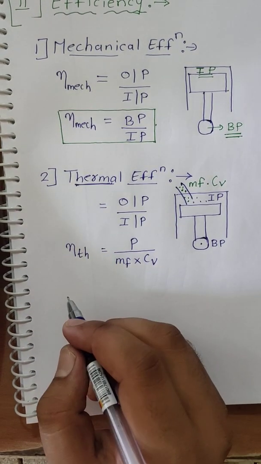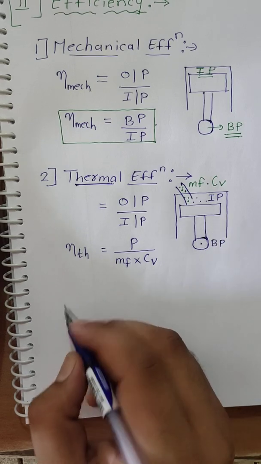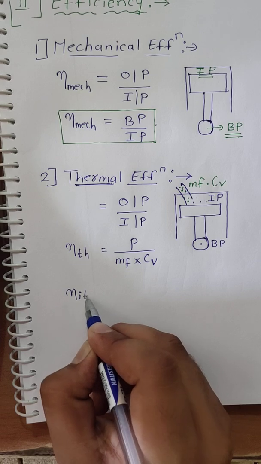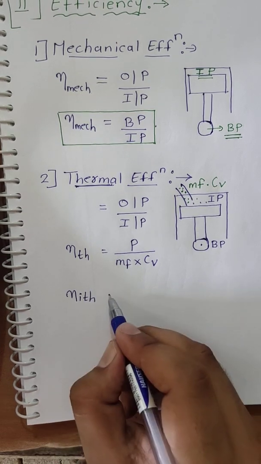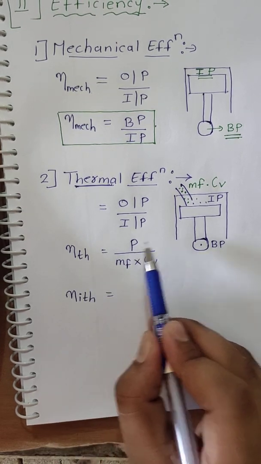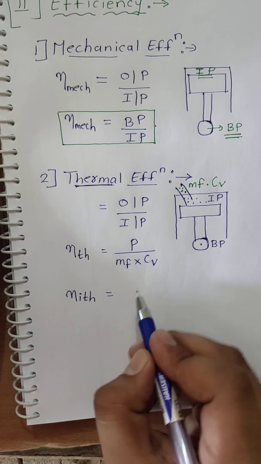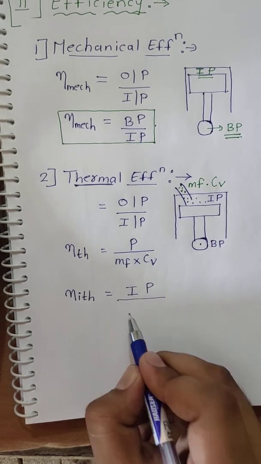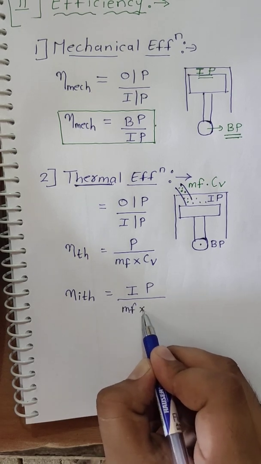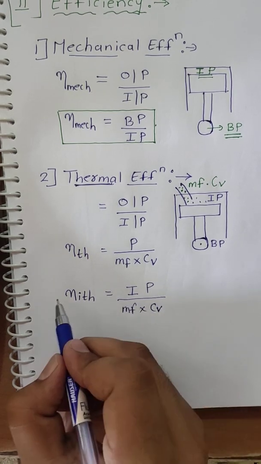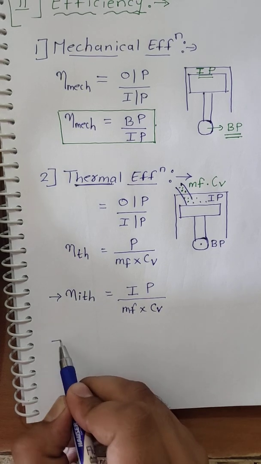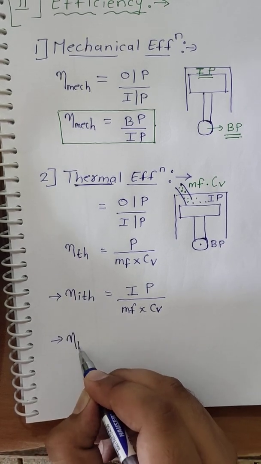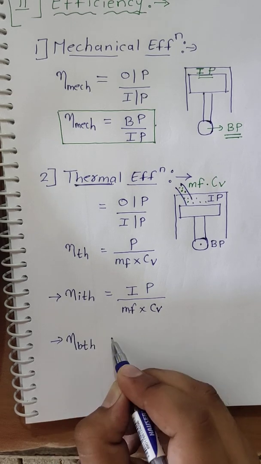But if I deal with indicated power, this thermal efficiency becomes indicated thermal efficiency. Tell me, students, this power will get replaced by which power? Indicated power. So its formula would be indicated power upon MF into CV. This is your indicated thermal efficiency. Your next can be brake thermal efficiency.